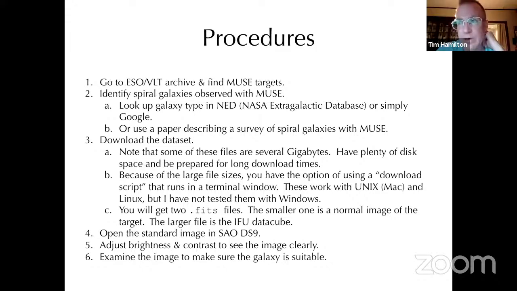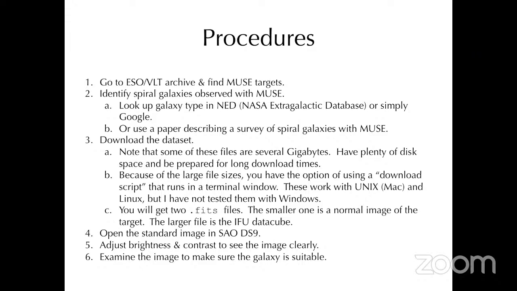And again, you're going to need the DS9 software or something equivalent to it in order to use that. I will note that there is what's called JS9 software which uses JavaScript, which is available on the web. Not quite as full-featured as DS9, but it will do many things. Now, you get two FITS files.